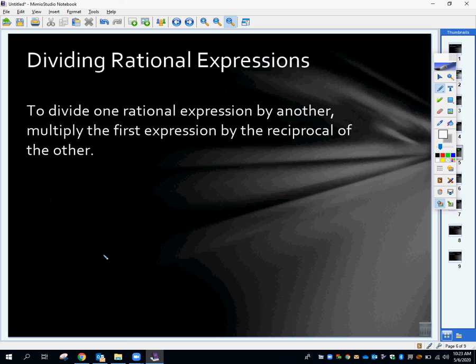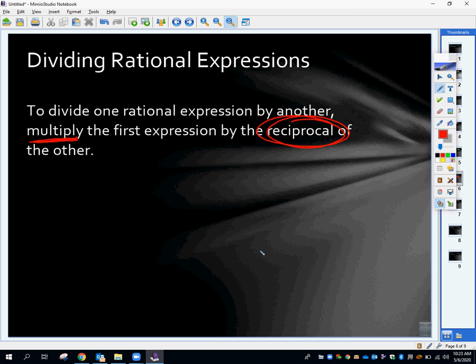Now division. Division works almost identical to multiplication, but we have to do one important thing. In order to divide, we're going to have to reciprocate the second fraction in order to multiply.